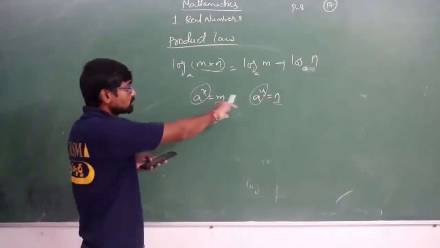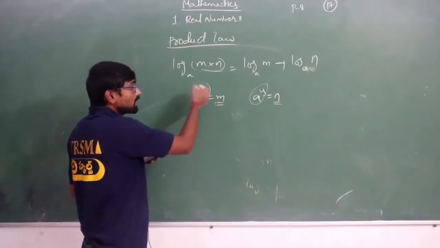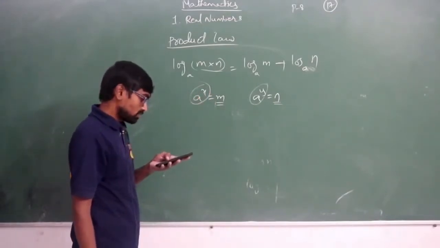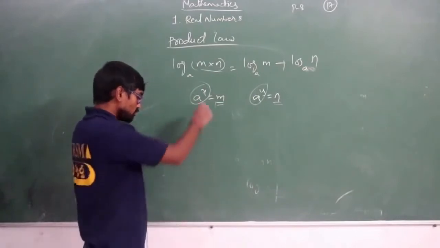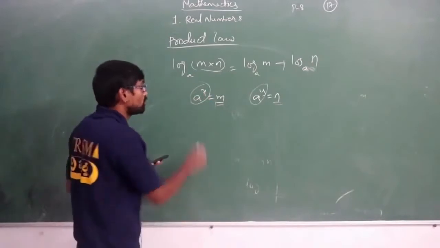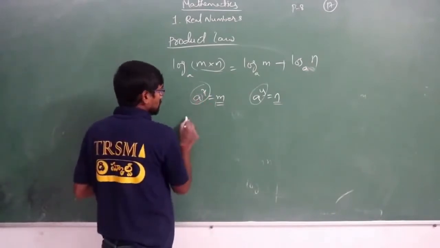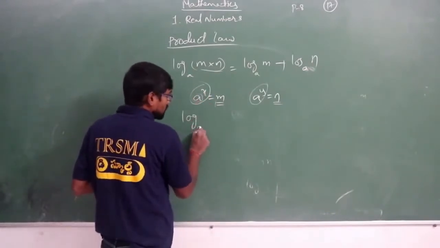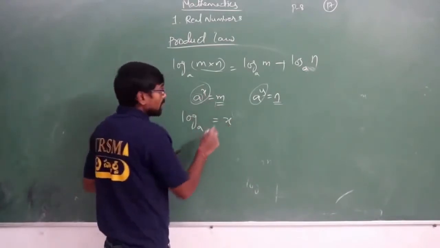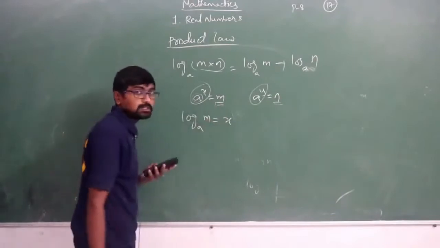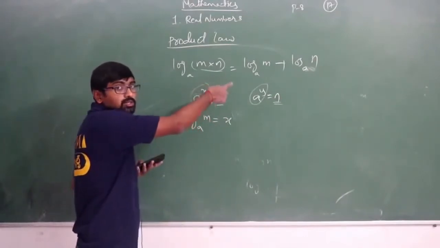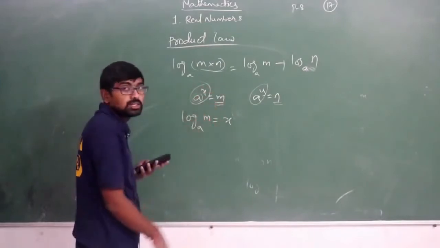Now whenever I convert it into logarithmic form, how will I get it? The base becomes the base of the logarithm, and the power value comes after the equals symbol.